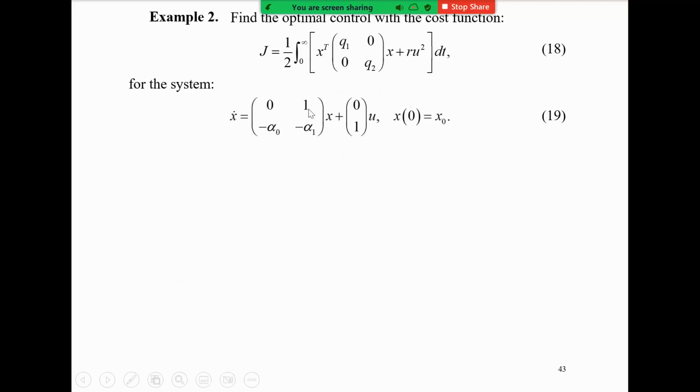This form is already a controllable canonical form. But we know the controllable canonical form will not help us for the ARE. Anyway, A is a 2x2 matrix. B is a unit vector. And this is Q, a 2x2 matrix. R, there's only one input, so that will simplify. R is just a scalar.